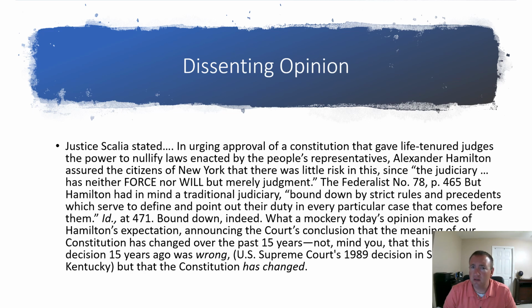And if you want to change the meaning of the Constitution or an amendment, then you have to amend the Constitution through Article 5, the Amendment Clause. If you want to change the meaning, then you should amend it through the legislatures. He doesn't believe that unelected, life-tenured judges should have the power to do just that. And he didn't believe that Hamilton had that in mind when he was advocating for the Constitution in 1787.